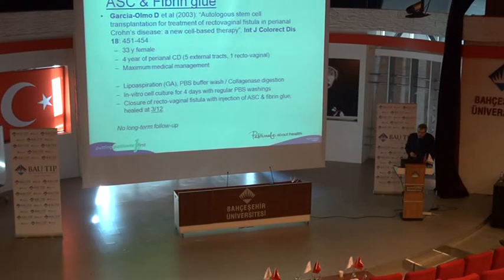He used the lipoaspiration procedure similar to what you've seen earlier in good detail, and then did a manual wash and digestion process, and in vitro cultured the stem cells, expanded the stem cells for about 4 days, and then achieved, together with fibrin glue, the closure of the rectovaginal fistula at 3 months. No long-term follow-up was published on this.